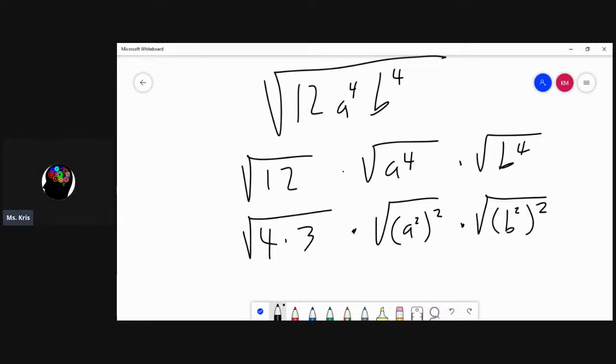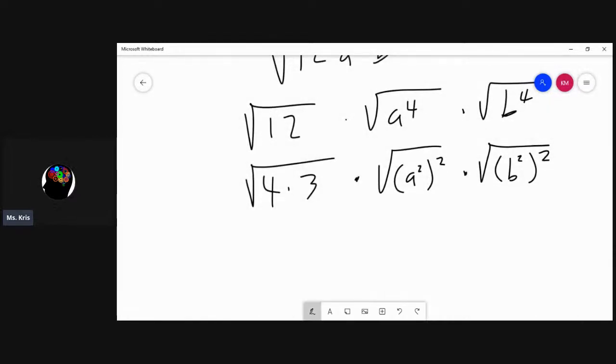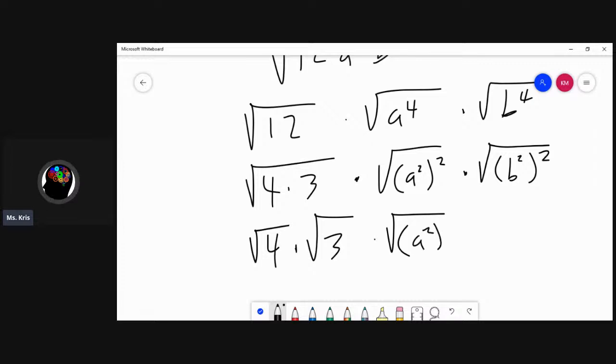But of course, if you like it broken down all the way to see how that comes about, you have the square root of 4 times the square root of 3 times the square root of A squared to the second times square root of B squared to the second. So then the square root of 4 is 2.